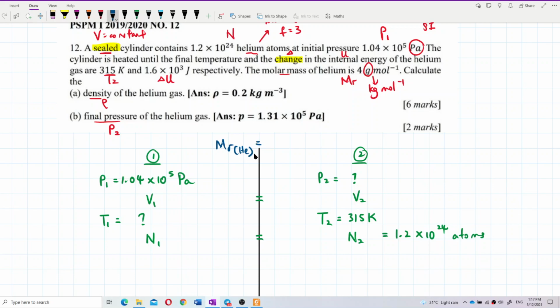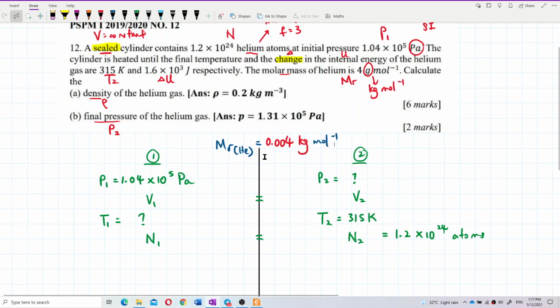We need to change that to SI unit. Divide by 1000 is 0.004 kilogram per mole. Must always change to SI unit. So it is 0.004 kilogram per mole.